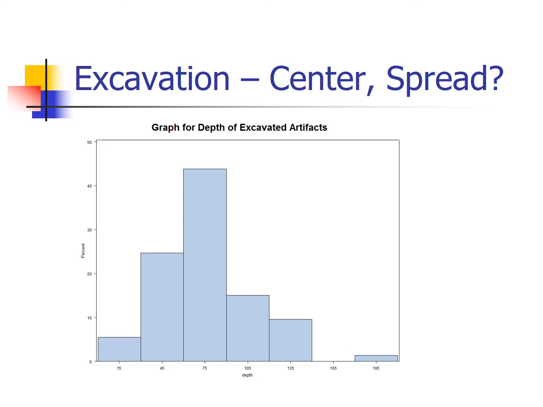What about spread? Well, that's the overall dispersion or variability. Looking at this graph, we might say the artifact depths range from 1 to 210. Now, remember, when we looked at the numbers, we saw that the deepest artifact was 200.